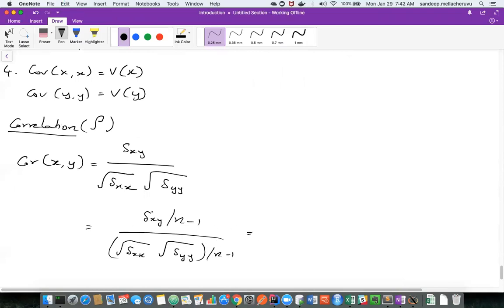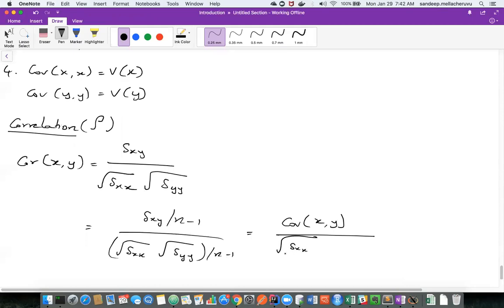Now, Sxy by n minus 1, you already know the formula for it. It is nothing but covariance of x comma y. Just now we discussed Sxy by n minus 1. And this n minus 1, I can take inside the square roots. Let's see how it becomes.